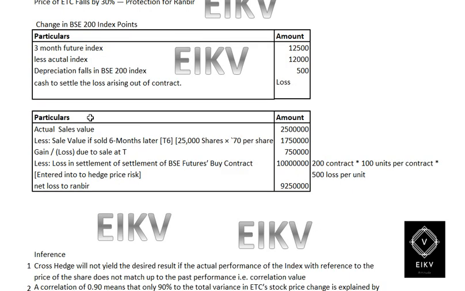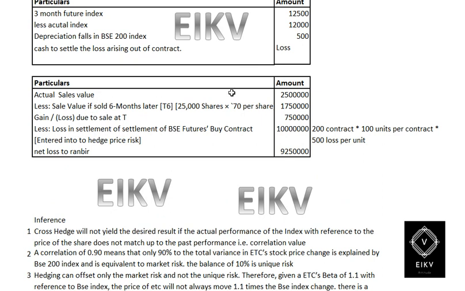Therefore the actual loss computation would be: 25 lakh would be the actual sales price, less sales value if bought 6 months later, which is 25,000 into 70%, which will be 17 lakh 50,000. So in such a scenario, there would be a gain of rupees 7 lakh 50,000.